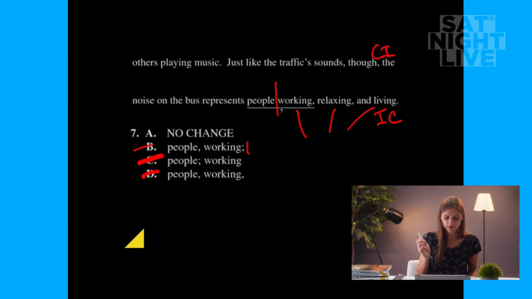So D is not going to be correct because that would make people part of that list of things. So the only one that works is going to be choice A. People working, relaxing, and living. And just one thing to point out, you see the comma before the "and." And it's correct as written, remember, if it's not underlined. So when you're doing things on the SAT, if you have a list of 3 or more things, you're always going to put your comma before the word "and," in some cases before the word "or," if there are 3 things in that list.